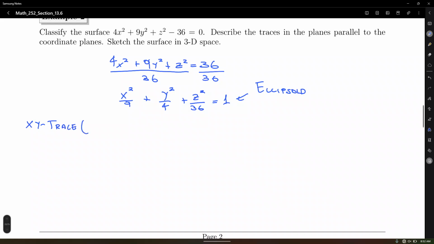We obtain the xy trace by making z equal to 0. So that's going to give us x squared over 9 plus y squared over 4 equals 1. The yz trace.